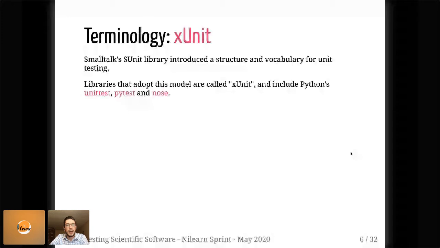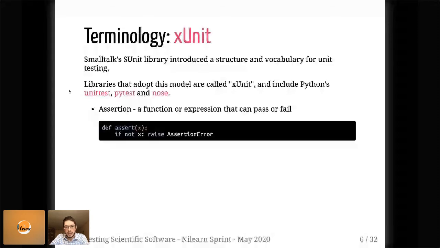The X is for whatever language you want. So in Java, I think they have JUnit. And all of the main Python test runners, which are unittest, pytest, and nose, are the big ones, and they're all xUnit compatible, which means they basically use the same concepts and structure.